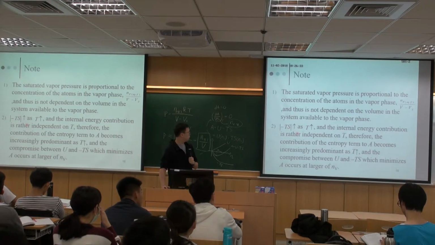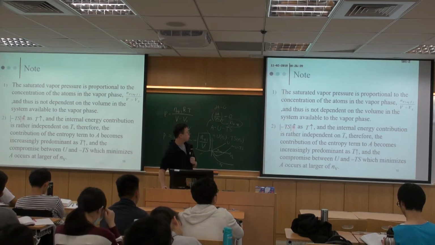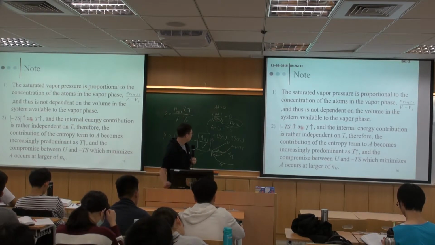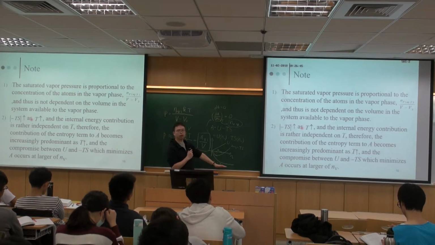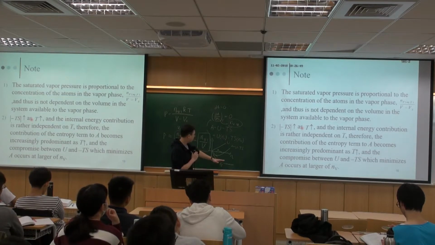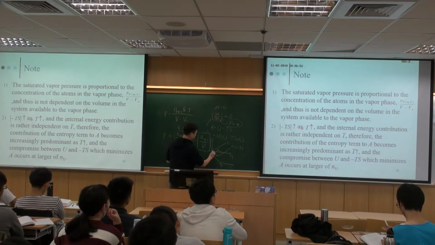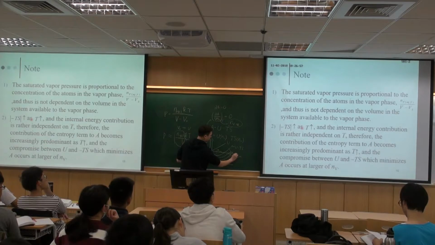And okay, so in the previous discussion, we know that this term, which is related to the entropy, will increase as the temperature goes up, which means that this thing will go further down when you increase the temperature. We already see that. So this will go down further and further while increasing the temperature. Right?